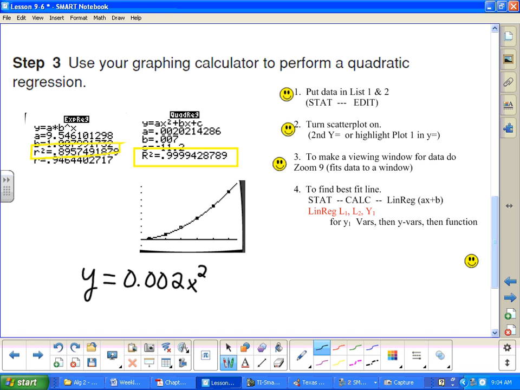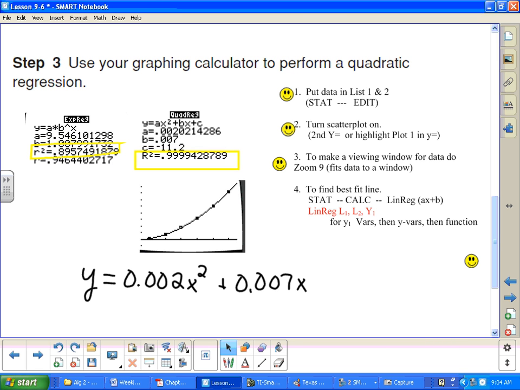The value of b is 0.007, so plus 0.007x. And then c was minus 11.2. So that would be my regression equation. And now I could use that equation to find other values that they're asking me for.